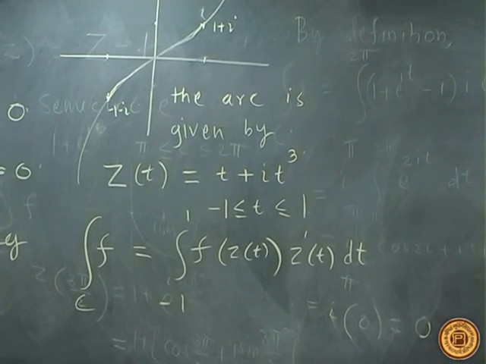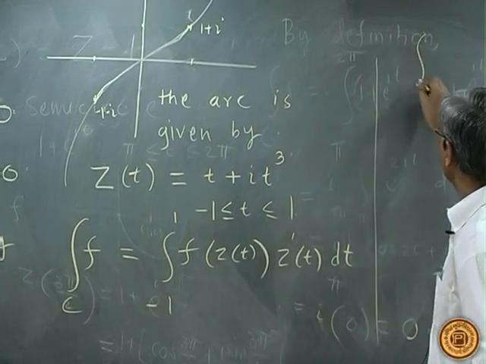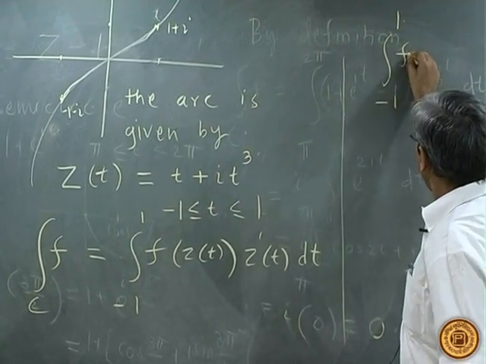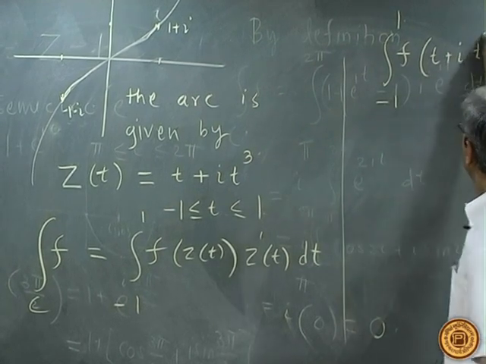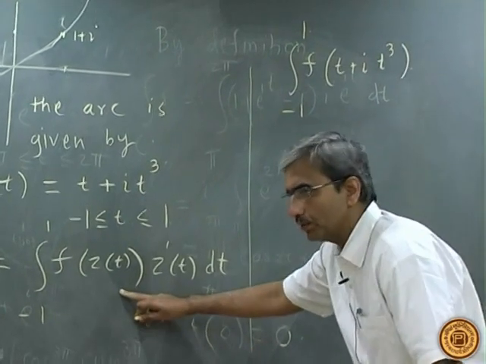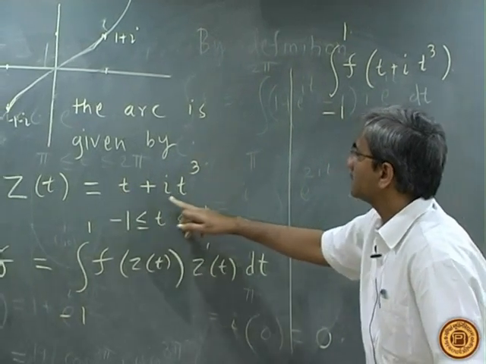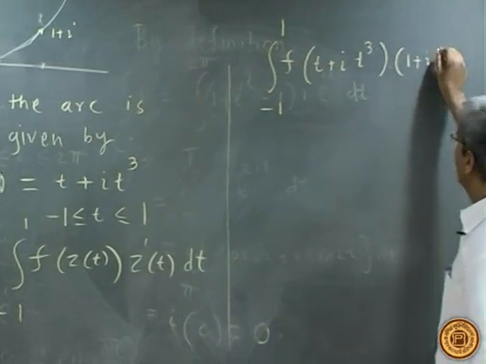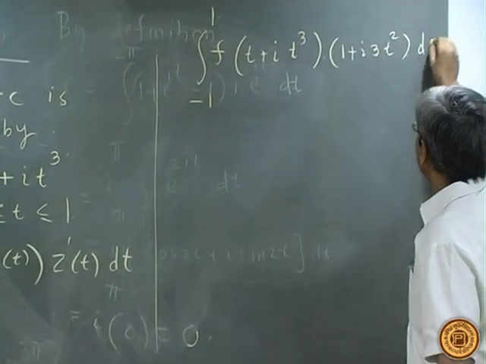Is this clear? So let us consider this first, minus 1 to 1, f of t plus I times t cube. This is f of z(t) into z prime of t dt. z prime of t is what? 1 plus I times 3t square dt.